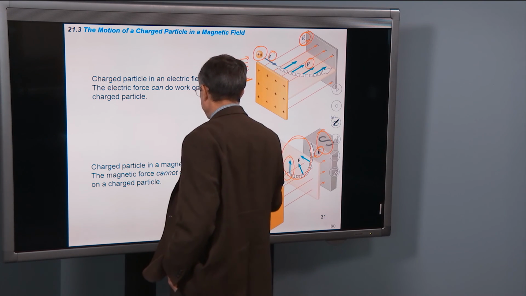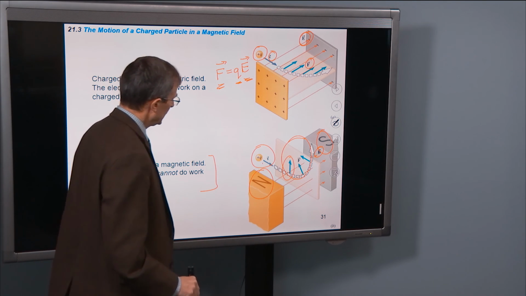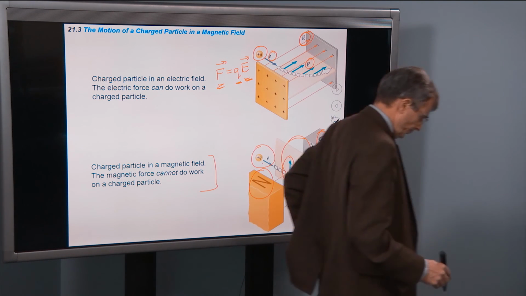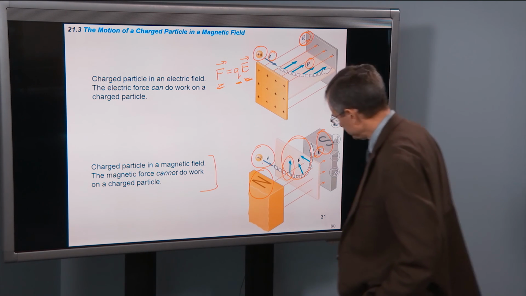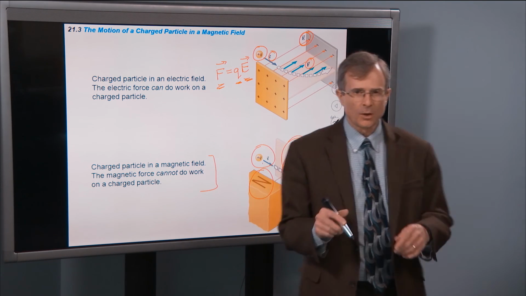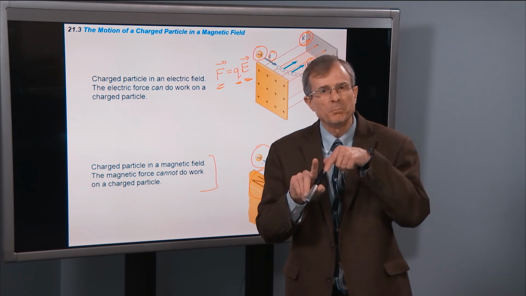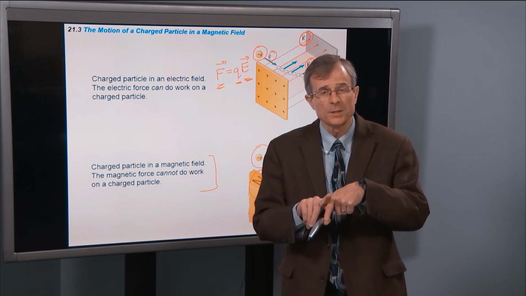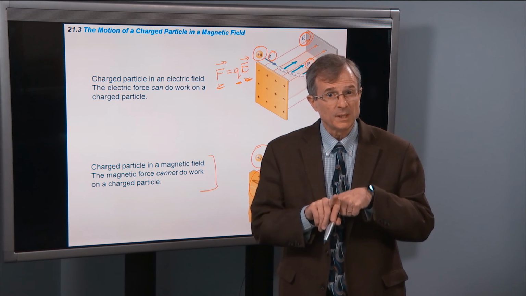And the magnetic force can't do work on the charged particle, and the reason is, if you think about work from last semester, the work that's done on an object is zero if the displacement is perpendicular to the force. So the work done by a force that's perpendicular to the displacement, perpendicular to the velocity, must be zero.